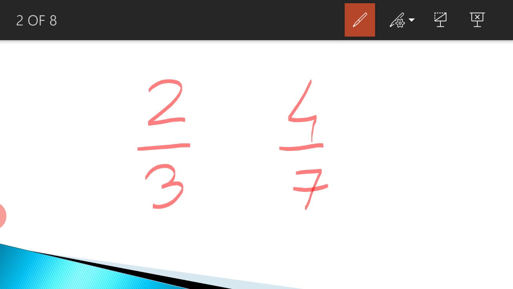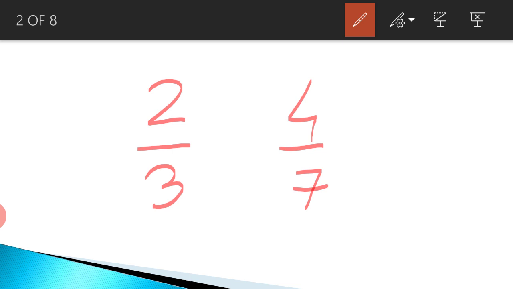Now for comparing the fractions, we have two methods which we have seen. First is making the denominator same, because without making the denominator same, we cannot compare the fractions. If you have a piece of 2 by 3, you cannot judge it just by looking at that piece of cake or a 4 by 7 piece of cake, isn't it?